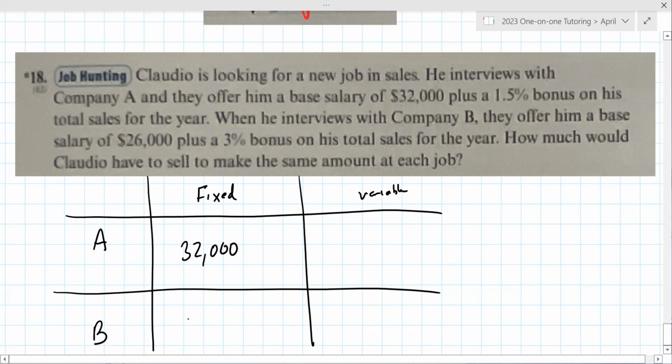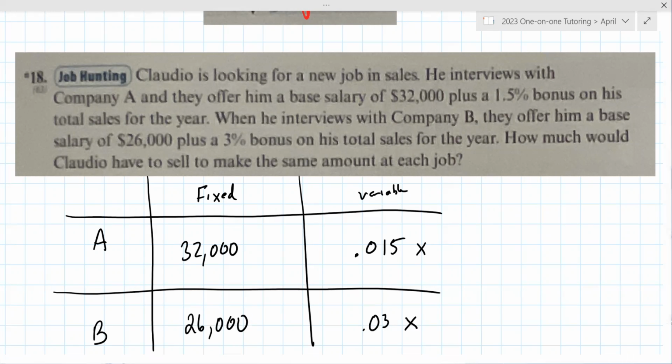Fixed for B is 26,000. Okay, and what's the variable part? The 1.5% and 3%. Yeah, now I'm going to write it as a decimal, and I know that is not ideal here, but it is the necessary thing to do. You never work with percentages unless it explicitly says this is a percentage in the problem and to use it as a percentage.